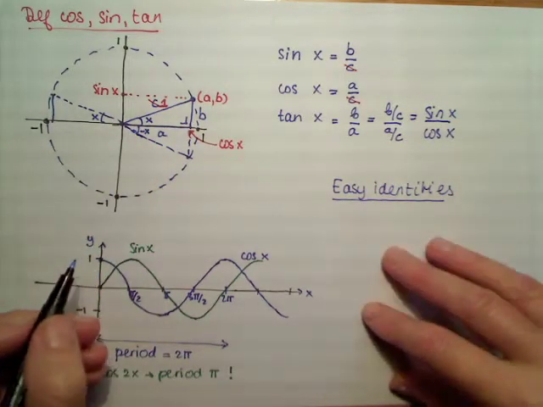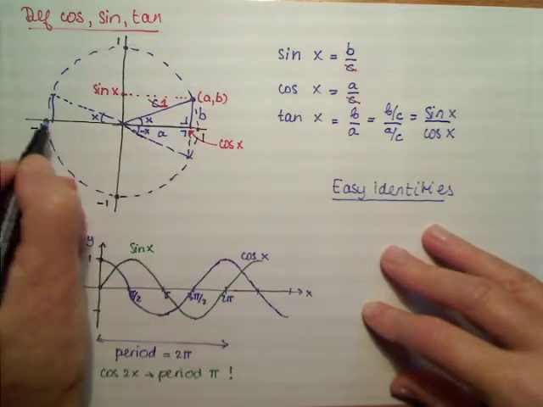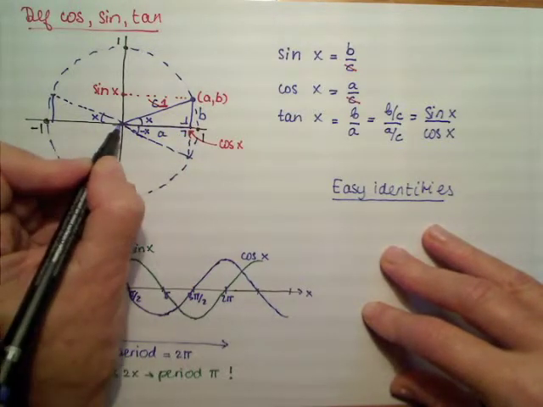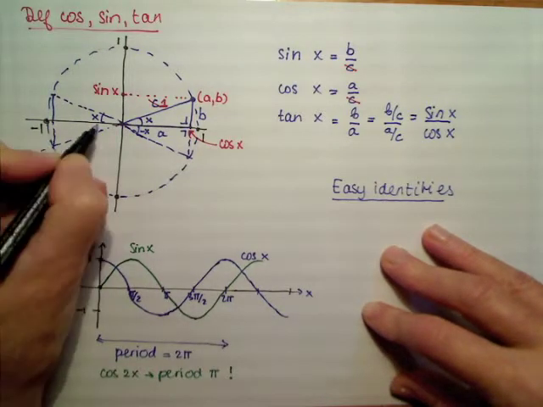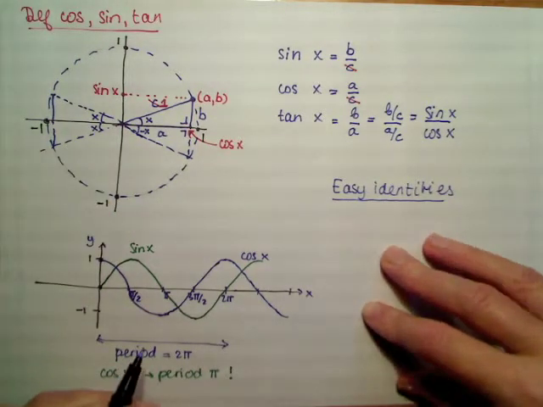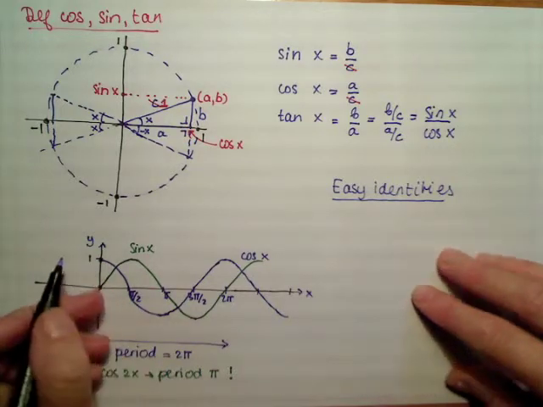And now we can infer many properties by just drawing these angles and triangles. So let us just look at one.